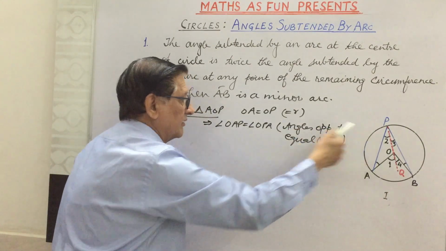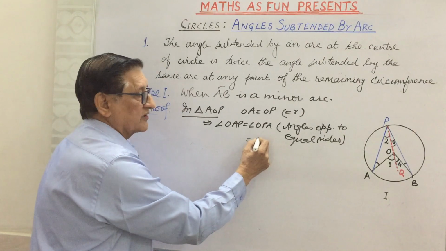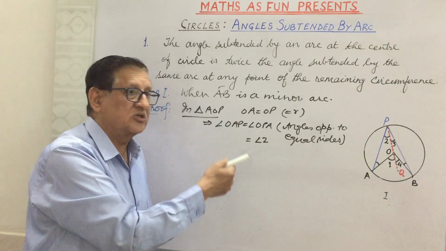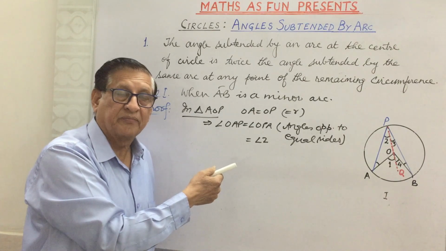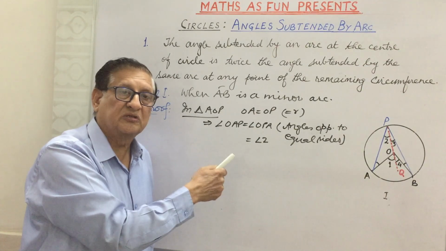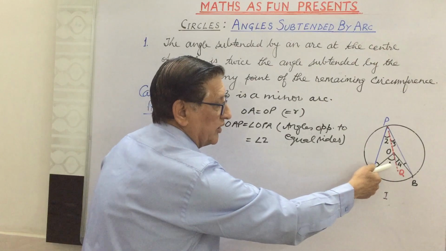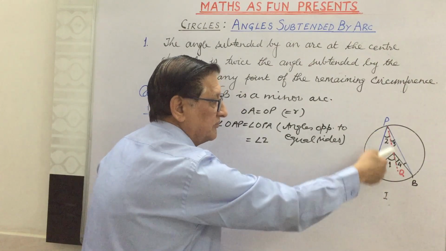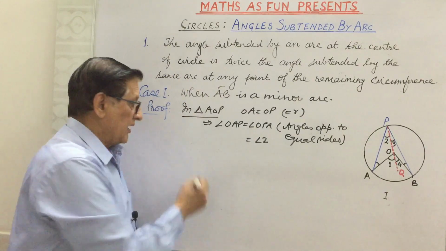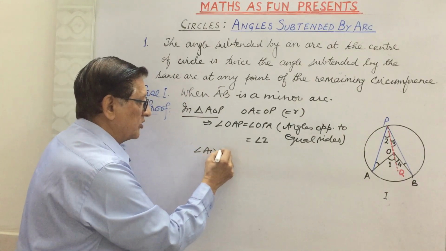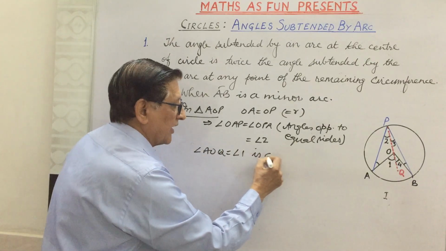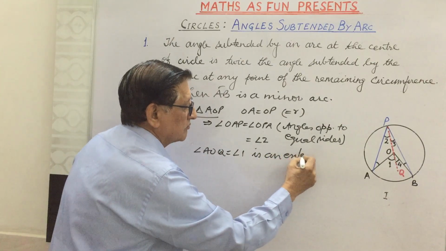This we have written as angle 2. It means both are the same as angle 2. Now we also know that the exterior angle of a triangle is equal to the sum of the opposite interior angles, and here angle 1, that is angle AOQ, is the exterior angle of the same triangle.